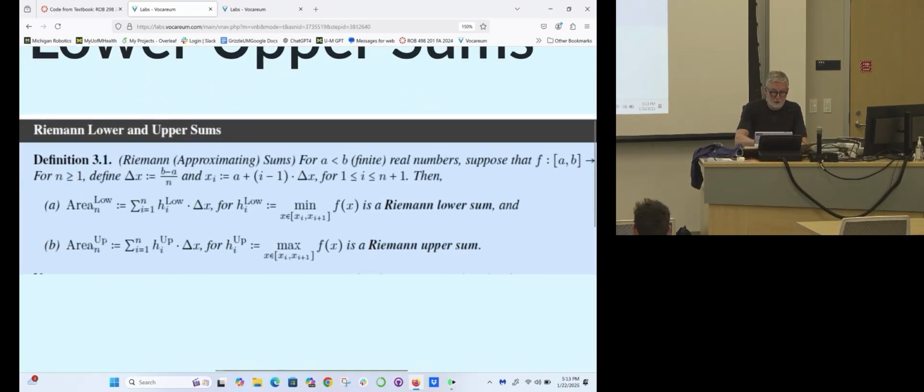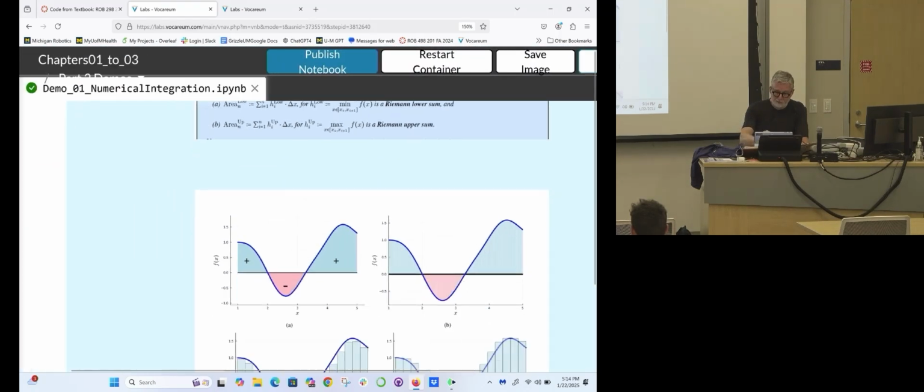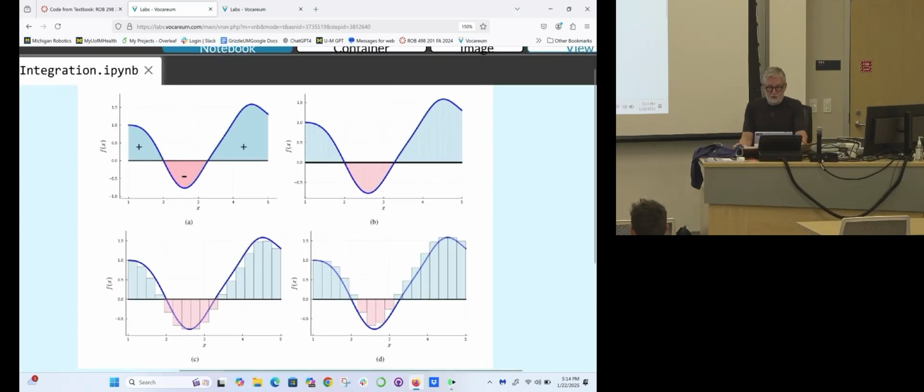Okay, so these are the sums that we did for the approximating of area under a curve. We got the lower sum, which uses the min value of the function, and the upper sum that uses the max. Here's a function that takes on positive and negative values.